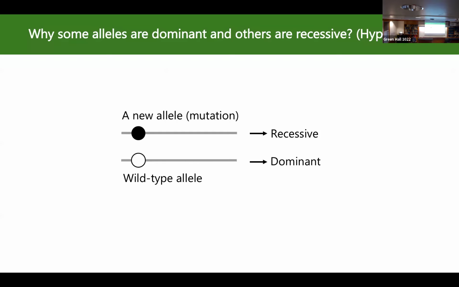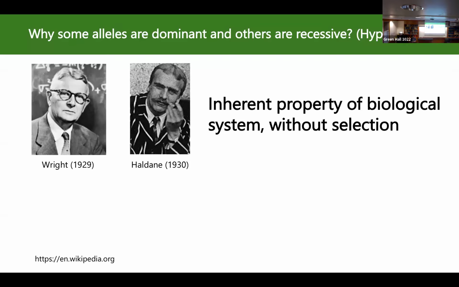To explain this, about 100 years ago, Wright and Haldane hypothesized that the dominance relationship between alleles is determined by an inherent property of the biological system. So it can be determined without selection.